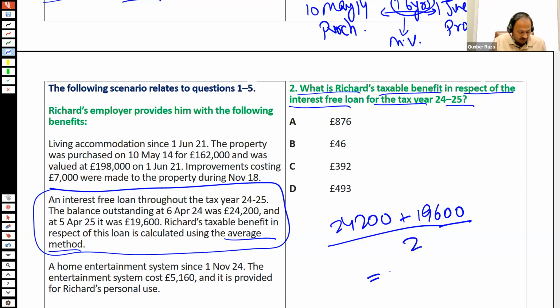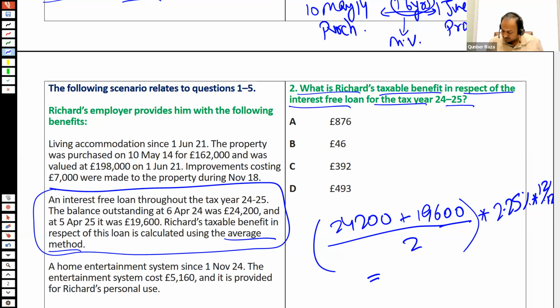I get the average loan. Then let me simplify. Multiply by the official rate of interest. The official rate of interest is 2.25%, multiply by 12 over 12.